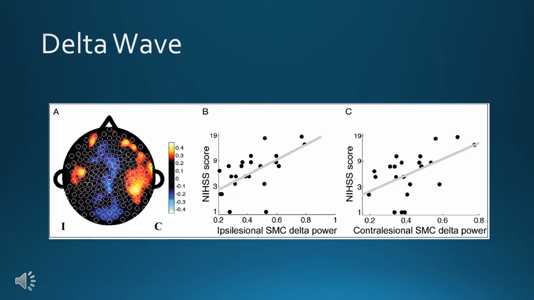So both of these show a positive correlation between the EEG and the NIHSS with significant p-values, which means that the higher regions of the delta power correlated with higher levels of injury. However, the EEG results showed more specific results than the NIHSS.